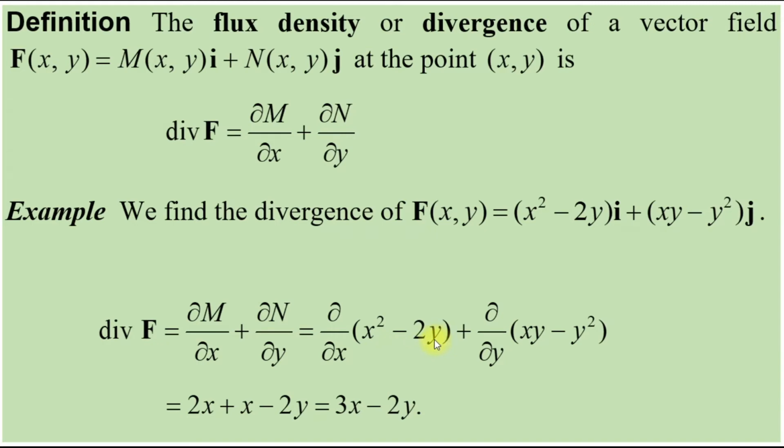Treating y as a constant, it will be 2x. The partial derivative of N with respect to y is the partial derivative of xy − y² with respect to y, which is x − 2y. So we get 3x − 2y as the div F.